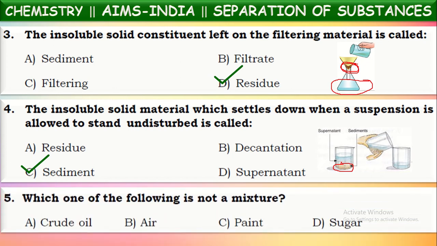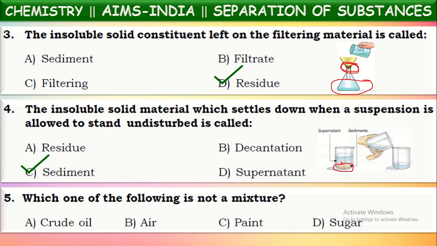Okay, next, which one of the following is not a mixture? Say which is not a mixture. First one, you see crude oil. Is crude oil a pure substance or a mixture? We know crude oil is one of the fossil fuels collected from under the layers of the earth's crust. So it is a mixture of so many components.